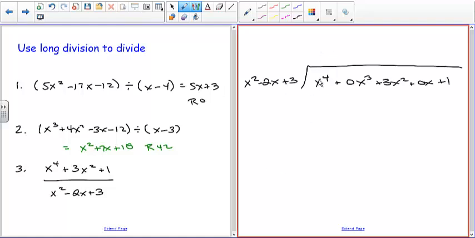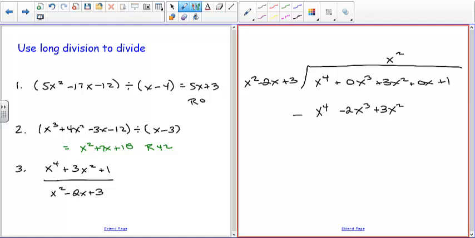Okay, so you start off the same way. What do I need to multiply x squared by to get x to the 4th? Well, the answer is x squared. x squared times x squared is x to the 4th. x squared times negative 2x is negative 2x cubed. And x squared times 3 is plus 3x squared.